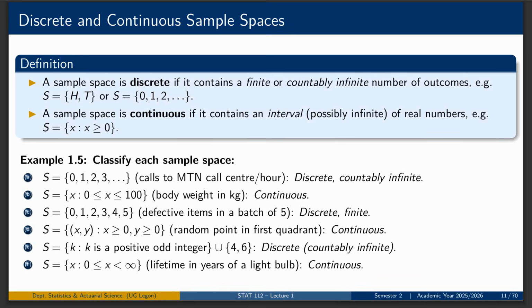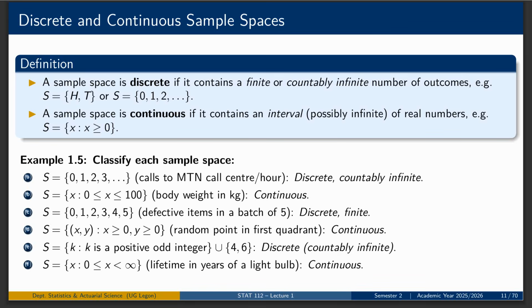I can give you an interval, the numbers between 0 and 1, and you can't list all of them. They are infinite. So usually continuous cases are between an interval, and those are the values where you can get real numbers, like point something and so forth.